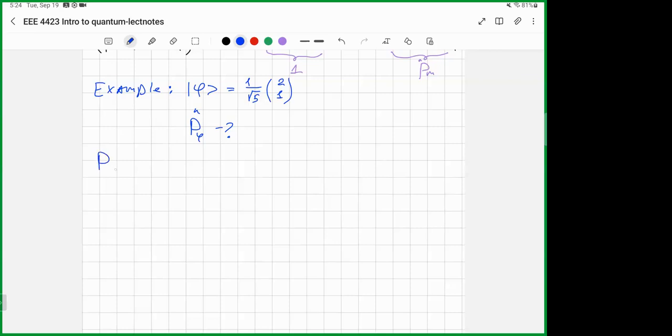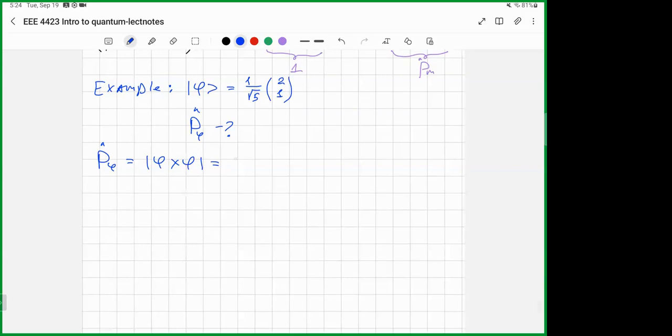So any projector is given by phi cross phi, right? Which gives us, for this particular vector, the ket, I have 1 over square root of 5, then column 2, 1, and then for the bra, I take its transpose and complex conjugate.